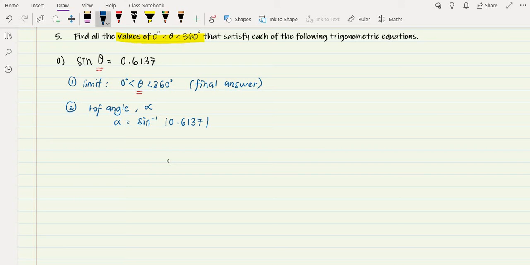Once we key this into our calculator, we will get our reference angle, which is 37.86 degrees. Once we know our reference angle is 37.86, we just need to determine the quadrant. That is our third step.